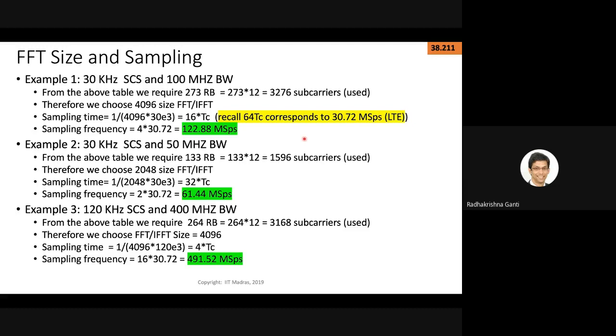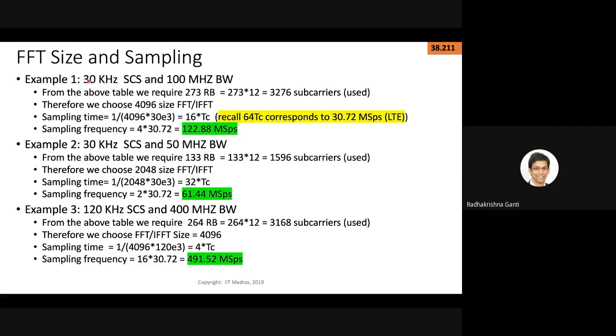Now let's get back to understanding the cyclic prefix sizes and the FFT sizes and other things. I think we had some discussion on this yesterday also. First of all, I want to understand how I choose my FFT size and how I choose my sampling.